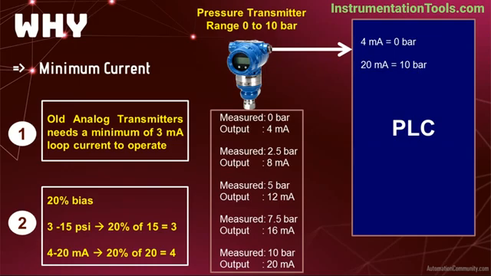So engineers followed the same rule for the current signal. 20% of 20 mA is 4 mA. This 20% bias rule helps the engineers during the transition from pneumatic devices to analog devices and reduces the design complexity of devices like pneumatic to current converters and vice versa.